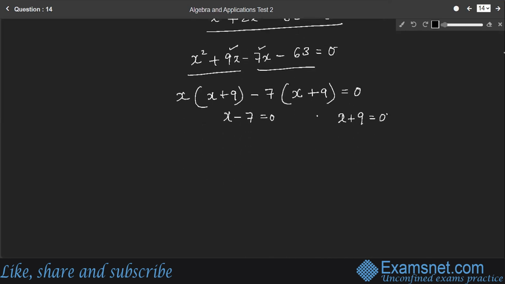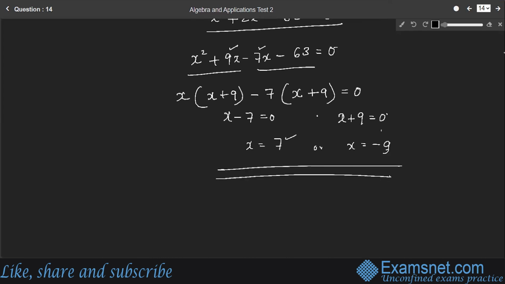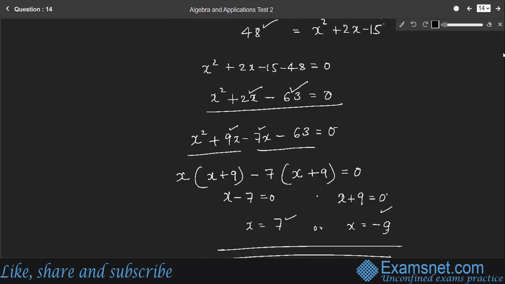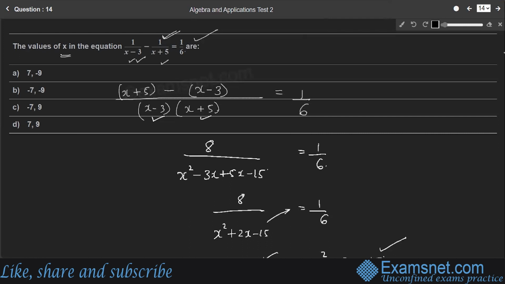So the value of x is equal to 7 or x is equal to minus 9. For both the values of x, 7 and minus 9, the equation gets satisfied. Therefore, the values of x in the equation are 7 and minus 9. Option A is the right answer.